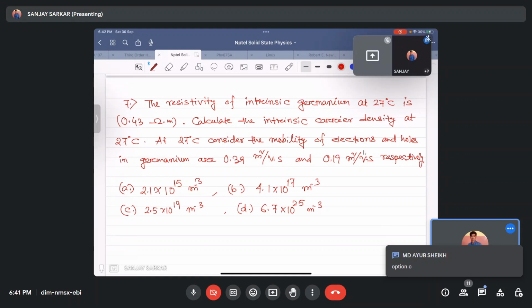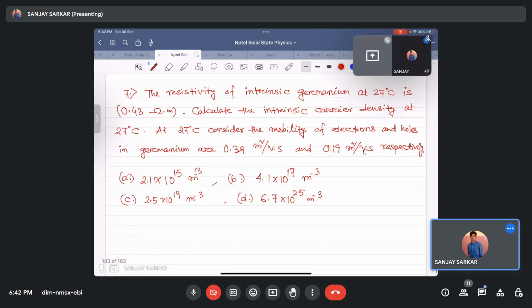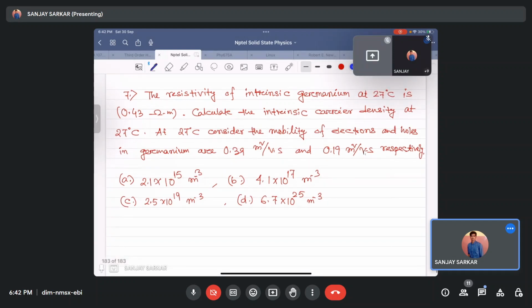Yeah, so the answer to this question is option C. Let me solve it. So you know that sigma equals n_i e into mu n plus mu h. I have already written this formula in the first problem.